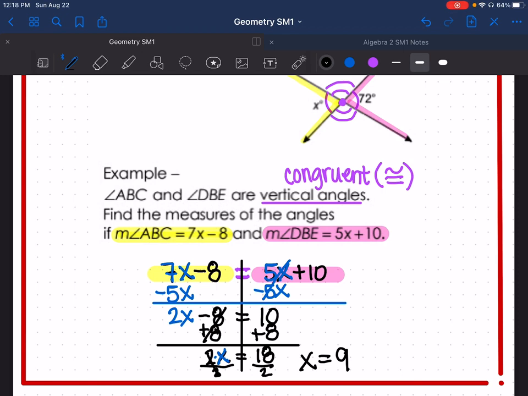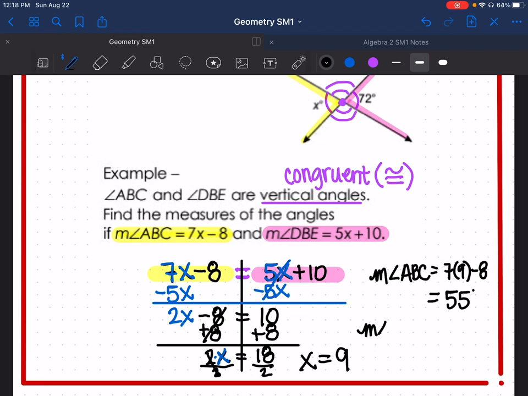What did they ask me to do? Find the measures of the angles. Let's go ahead and plug it back in. The measure of angle ABC would be 7 times 9 minus 8, which equals 55 degrees.